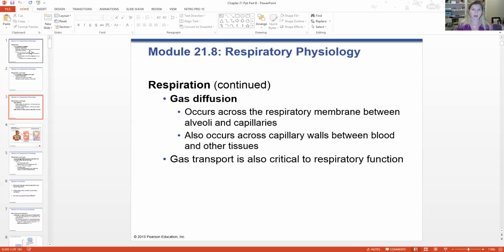So the transport of gas is obviously essential in order for respiratory function to occur. You have to have that blood functioning and taking those gases away. So this brings about this very intimate relationship between our heart and our blood, the cardiovascular system, and our respiratory system.